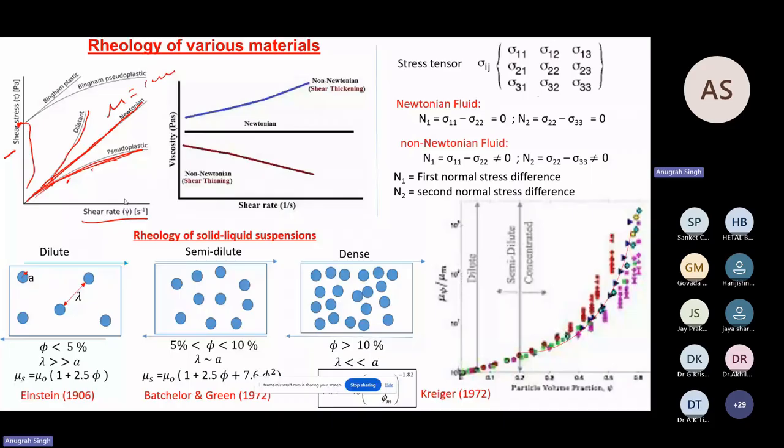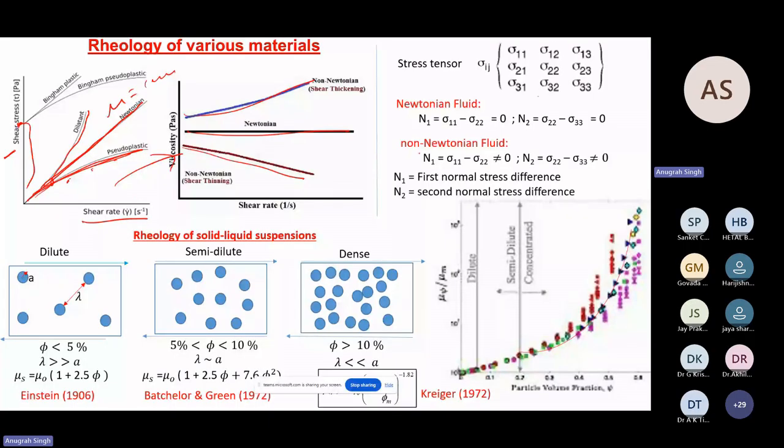When you apply shear as a ramp, it's the same curve, an interpretation of the same curve: Newtonian has constant viscosity, or you have increasing or decreasing. Now, viscosity is just one rheological function.